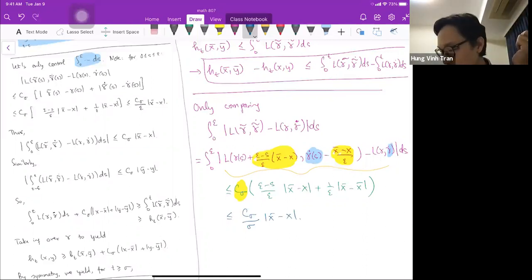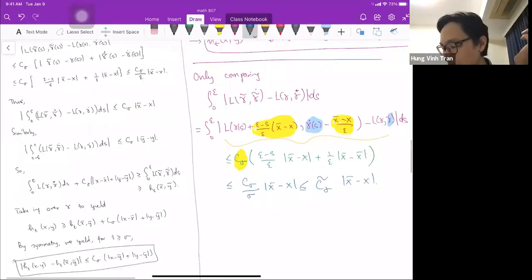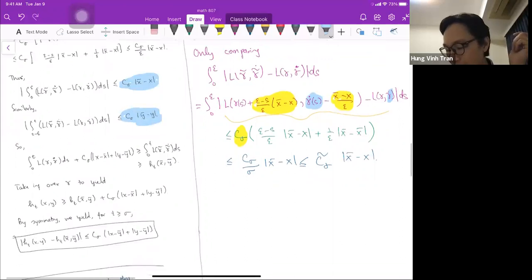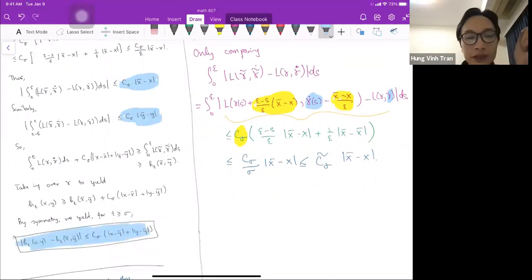You can modify this to be another constant, c sigma tilde or something, times x bar minus x. Okay. And similarly for the other integral, and I'm changing the constant again back to c sigma. Again, the constant is changing line by line, forgive me about that. But then eventually, by doing so, we can conclude that the h_t function is Lipschitz in both variables, right? So that's pretty much it.